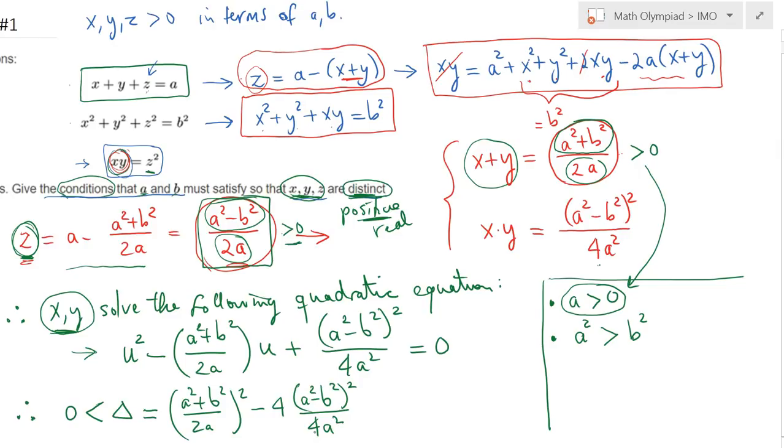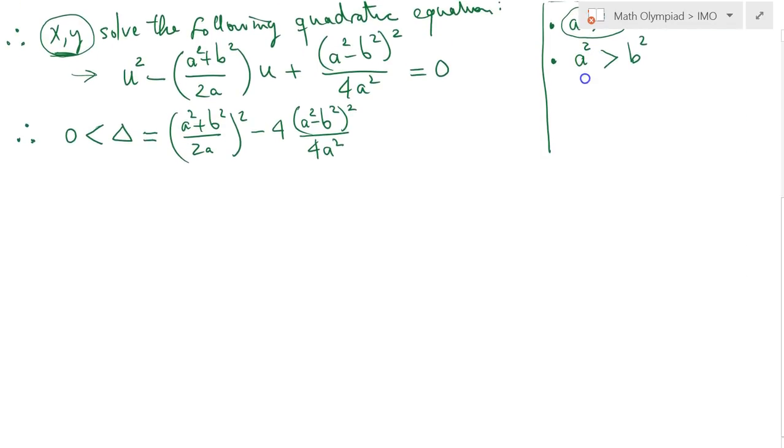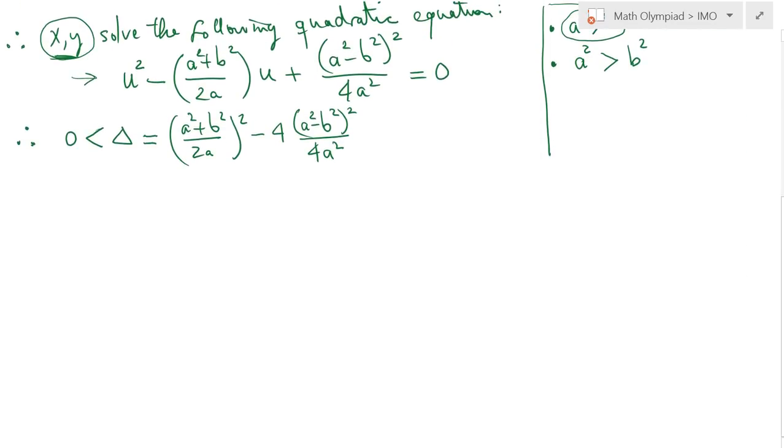This is the part where I will do a little bit of calculation. I do a lot of silly mistakes in my videos, as you know. You might think I'm doing it on purpose, but I'm not. Hopefully this time I won't make any silly mistake. I tried it previously, so the best way to handle this is the following. We have the common denominator here, which will definitely be 4a squared.